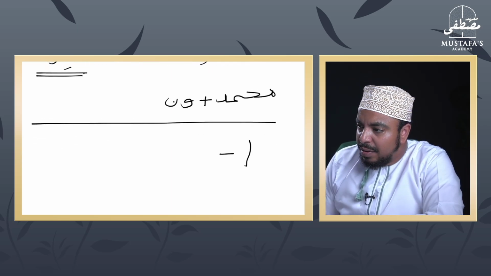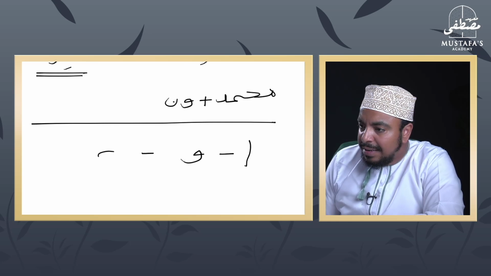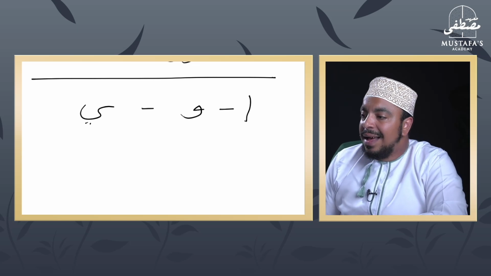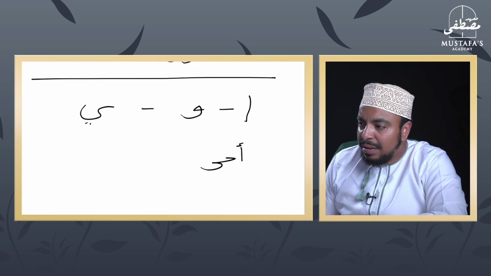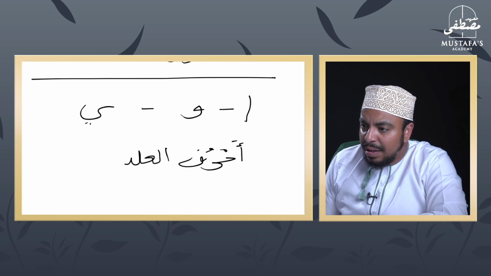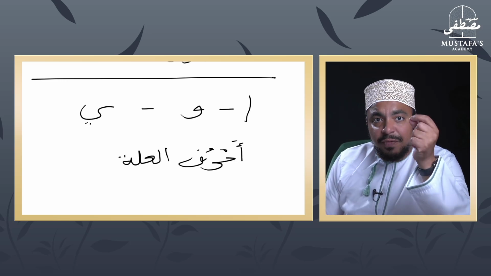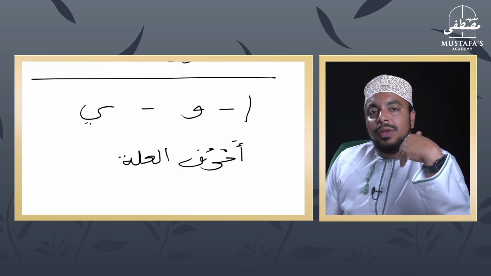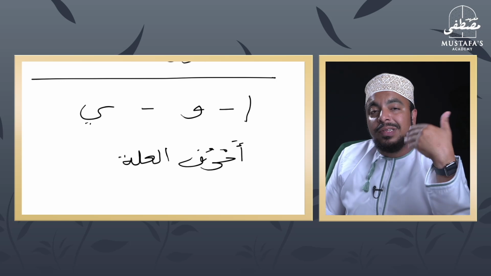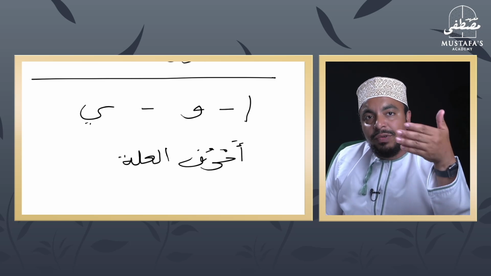Al-alif and waw and ya, these 3 letters are known as ahruf al-illah. And when you study as-sarf, morphology, you notice that we're dealing with these letters for different types of words.